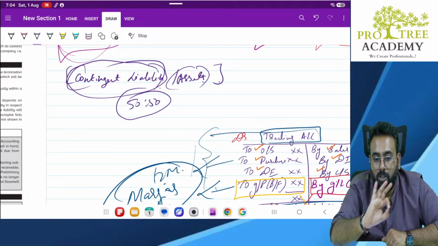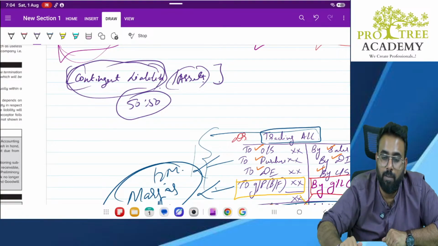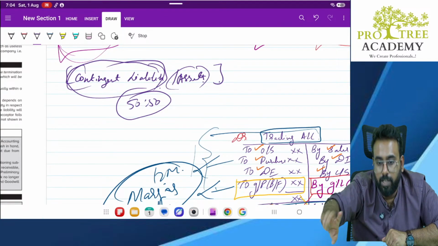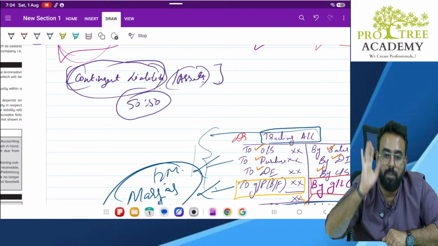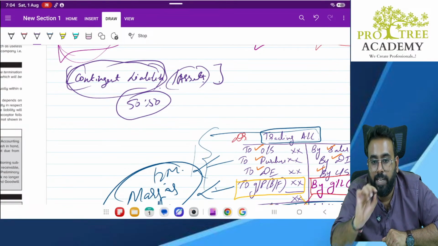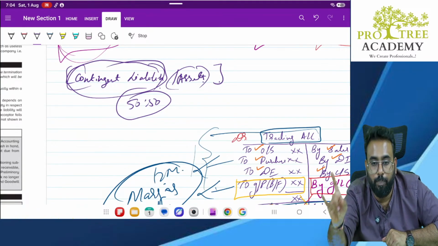There is no present obligation to pay the customer. Obligation will come. When will it come? When the court verdict passes and the court says pay 1 crore rupees to the customer. When the court passes the judgment, that is the time it is clear that I am going to pay the money. I am obligated to pay the money.